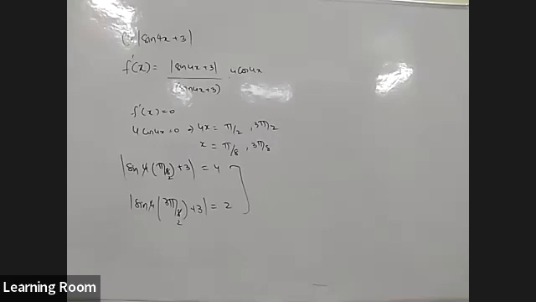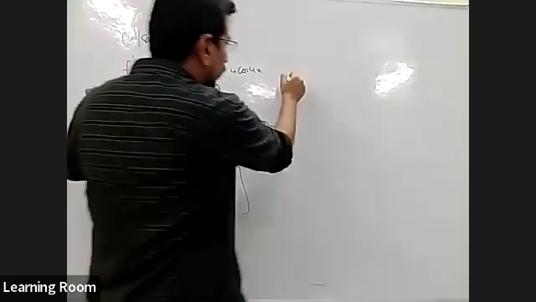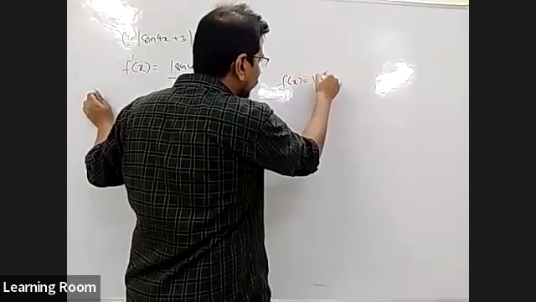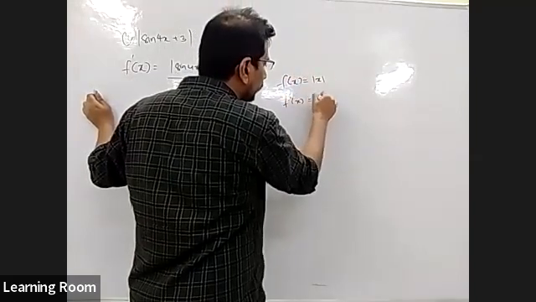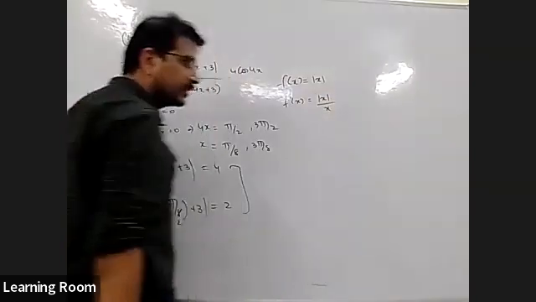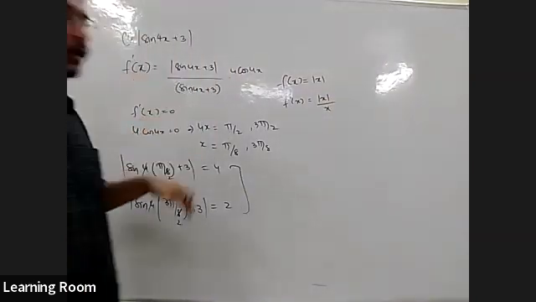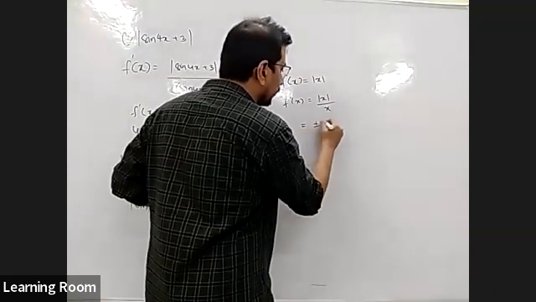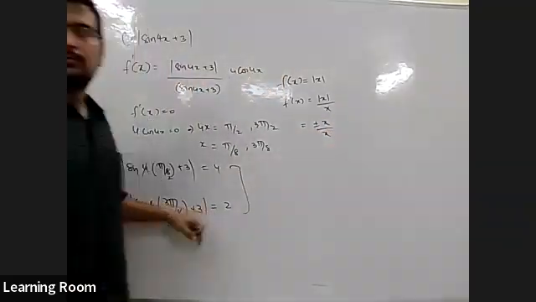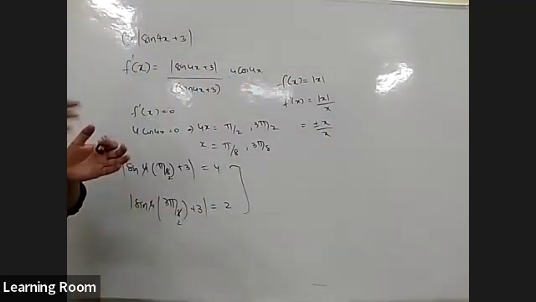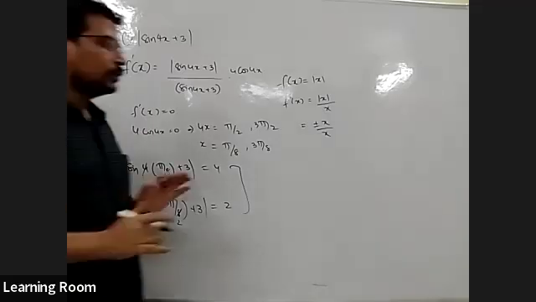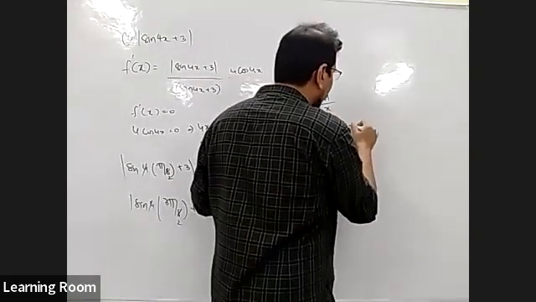See, if you understand till now, if f of x is mod x, then f dash of x is what? You're writing it as mod x by x, right? But actually, mod x is plus or minus x, divided by x. So cancel this and this, the answer will be plus or minus 1.